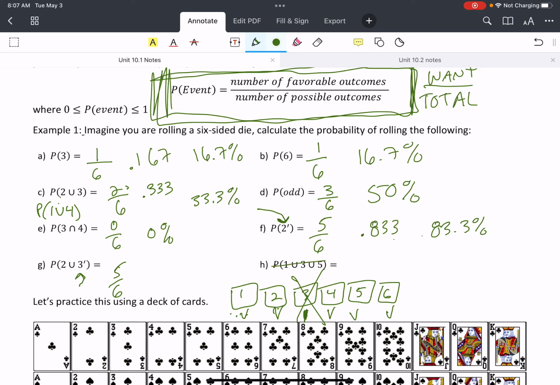H is too easy. I want to try another one like the one we just did, because I think we could use the practice of it. So we're going to do this. Okay, so change it to that and we'll go through it.